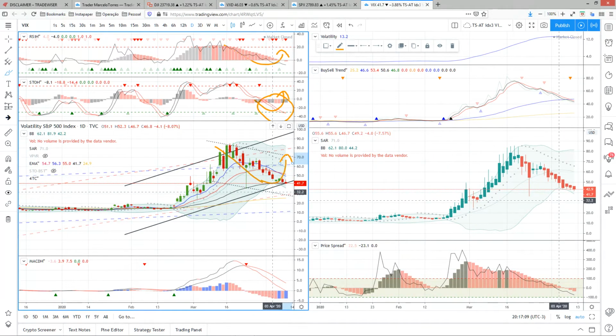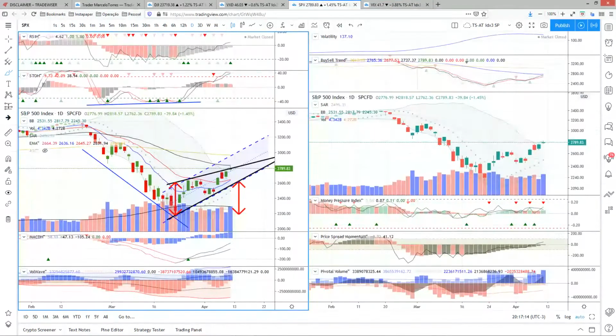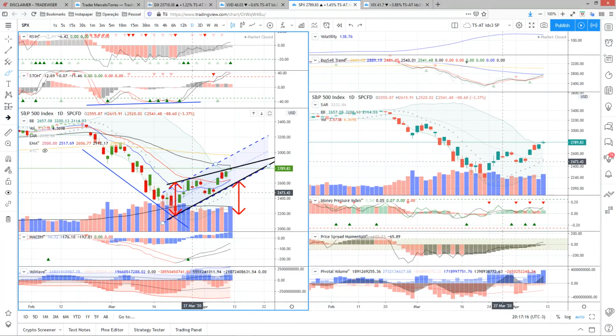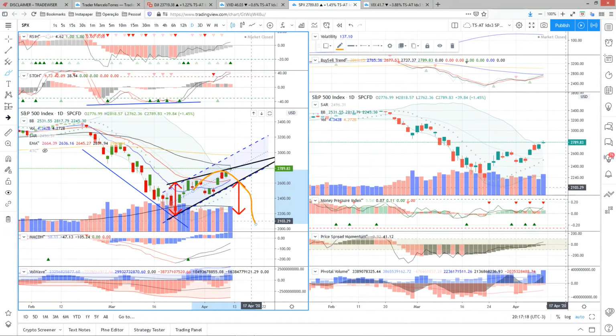If that happens while we see a top reversal on the S&P 500, which would be this one right here, it confirms that the S&P 500 is sure going down.